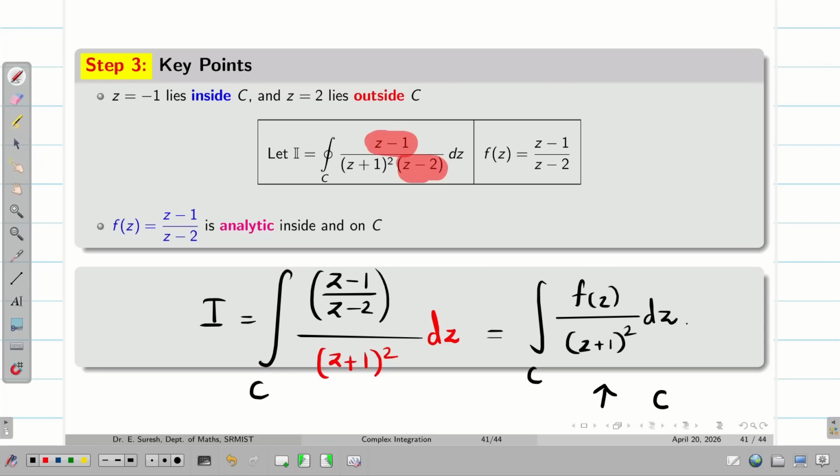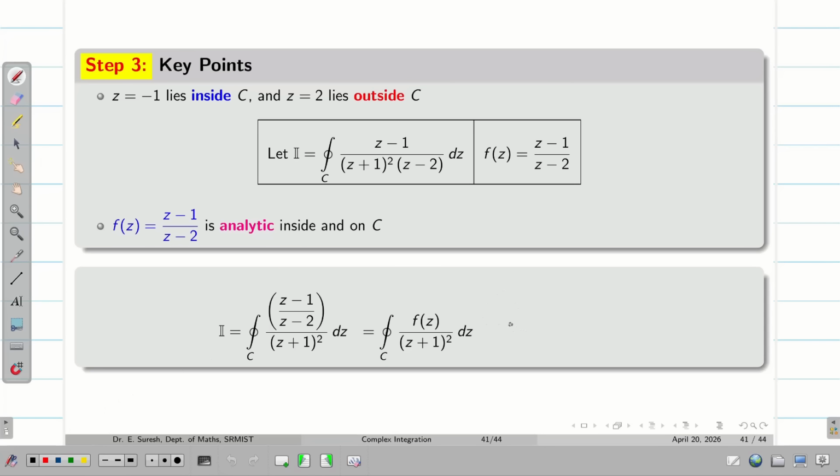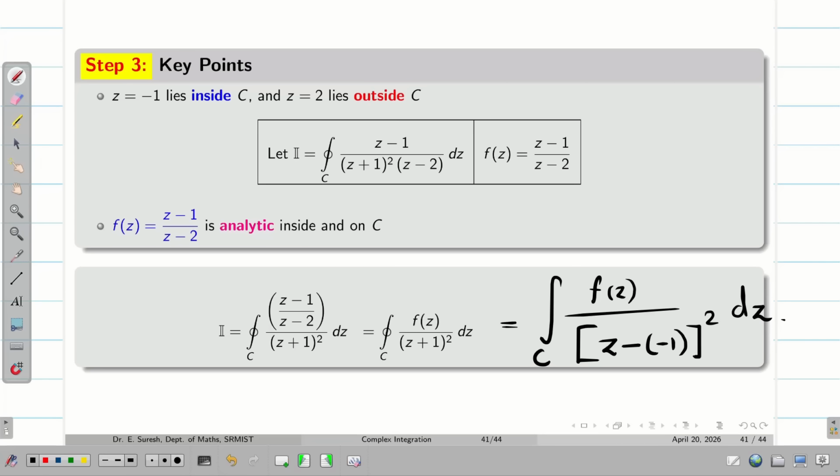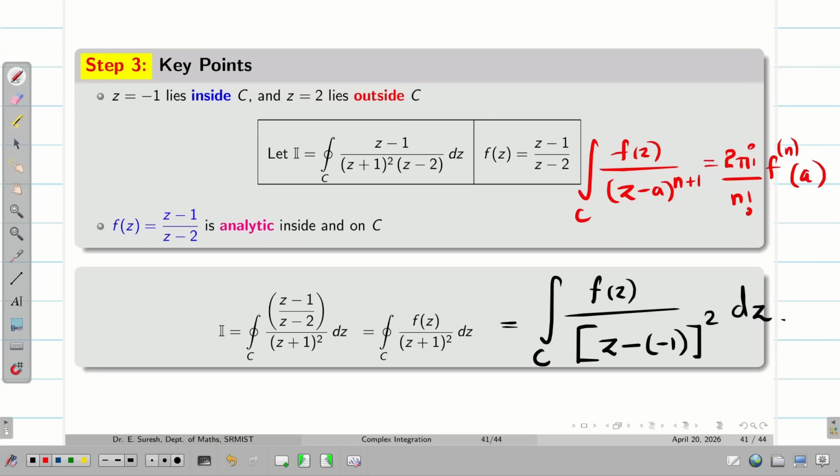It looks like the form of the Cauchy integral formula for higher order. Now we have to simplify this further in the proper format. So integral over C f of z, this z plus 1 I can rewrite as z minus of minus 1 whole square dz. Now this is perfect with my formula: integral over C f of z divided by z minus a whole power n plus 1 is equal to 2 pi i divided by n factorial times the nth derivative of the function f of z, substituting the value a.